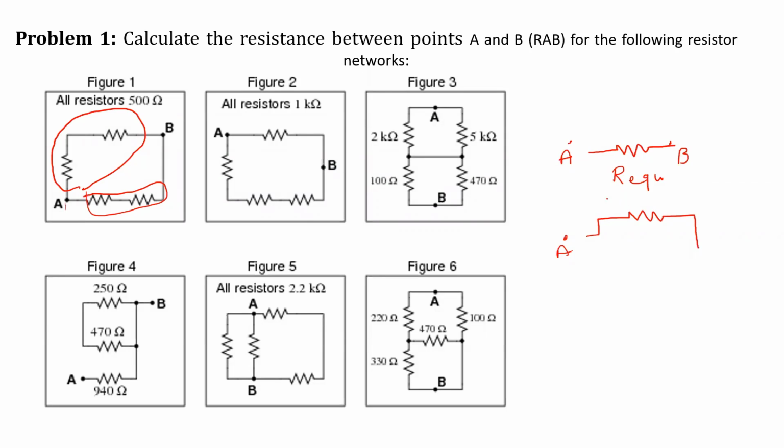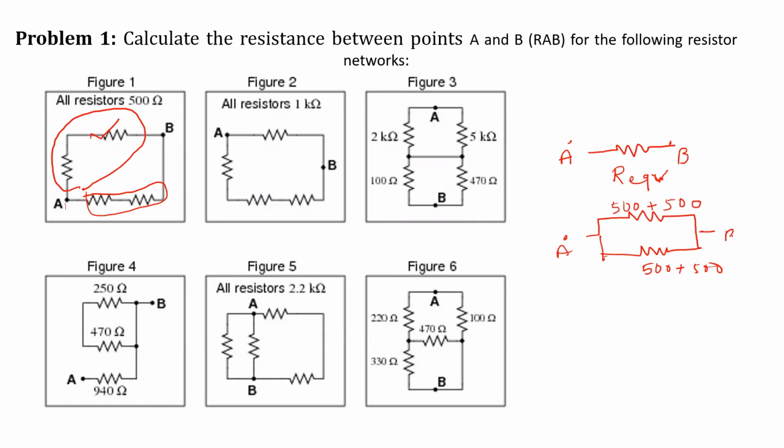The single resistor, that is equals to 500 plus 500 because they are connected in series. So this portion is done here. What about second portion? These 2 are series connections of the resistance that can be replaced by a single resistor. What is that value? 500 plus 500.